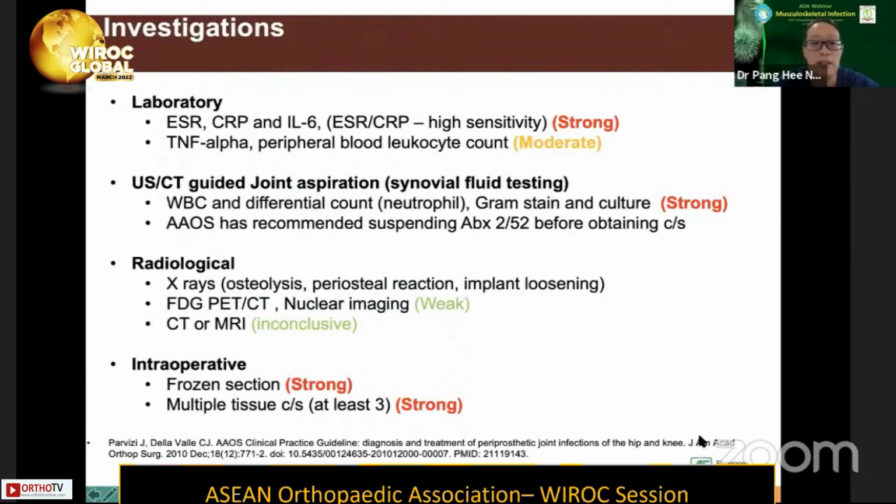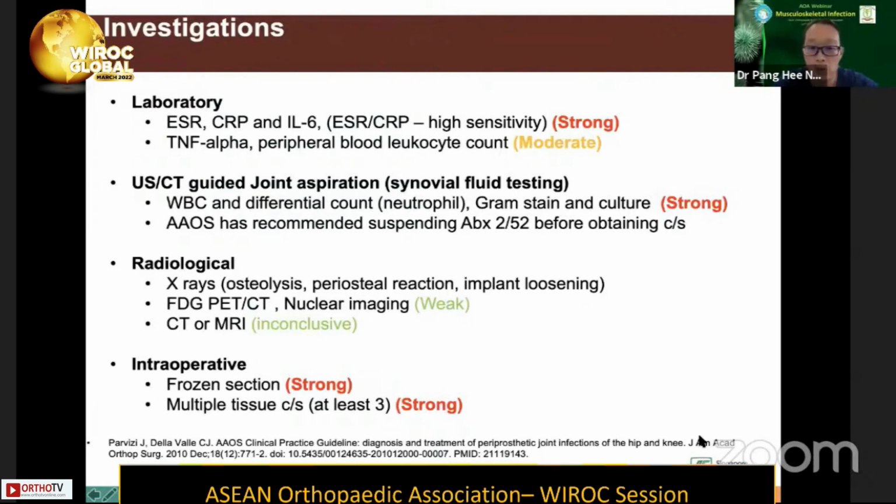Radiological evidence would be quite late, because the signs of osteolysis, periosteal reactions, and implant loosening usually happen in the very late stages. PET scans and bone scans have weak evidence. CT scan is good to assess for bone loss before the revision surgery, and MRI to assess for collection if you want to aspirate.